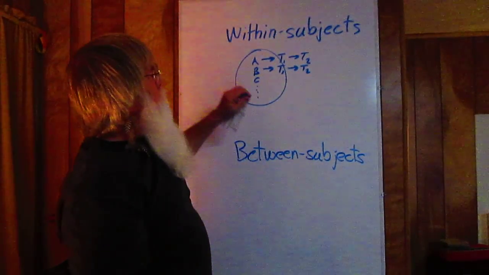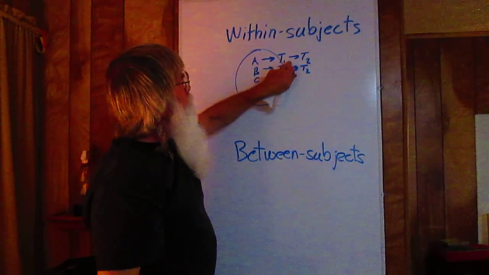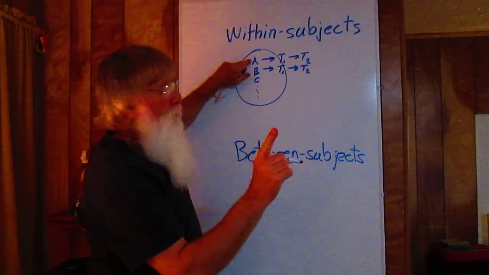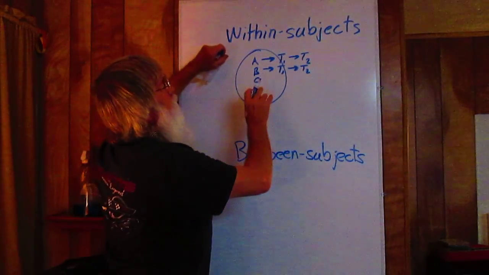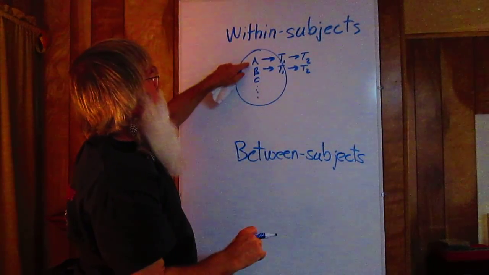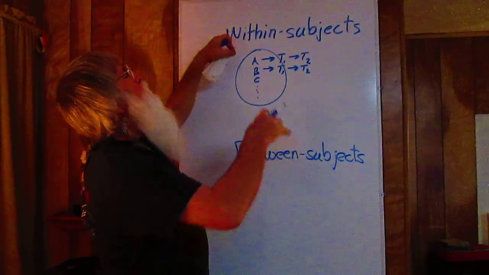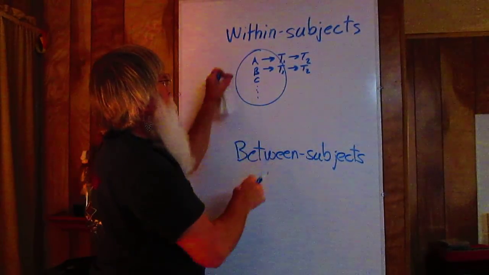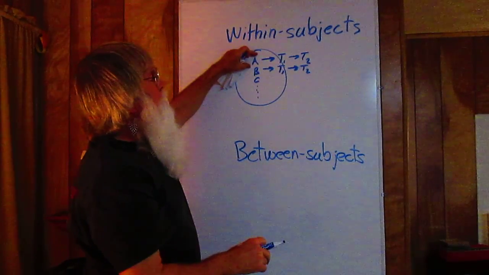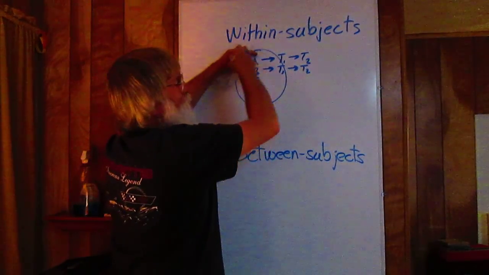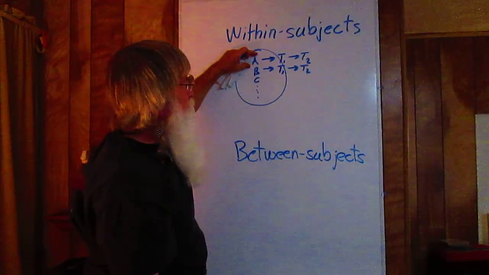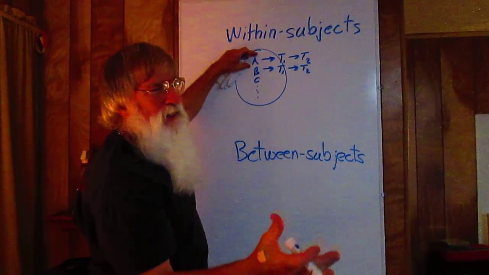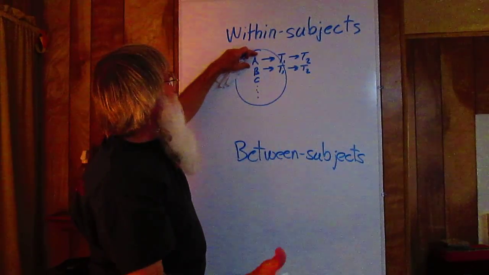And what happens when you are giving treatment 1 and 2 to one particular individual is you eliminate the individual differences in variability in subjects. In other words, since we are using person A, we know that person A is a set package of individual differences, a set package of personality and all the other characteristics that go with it.